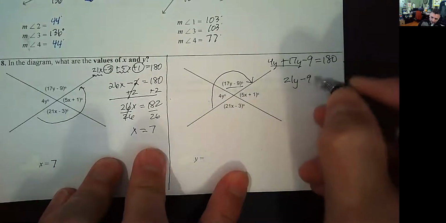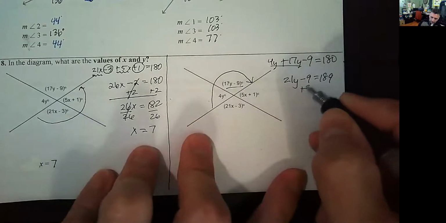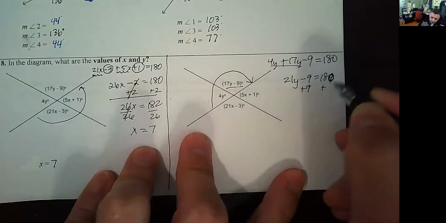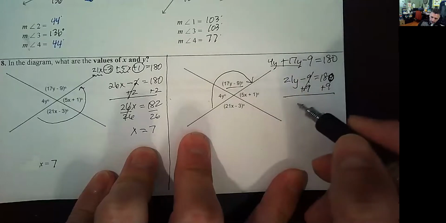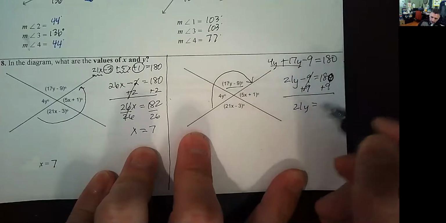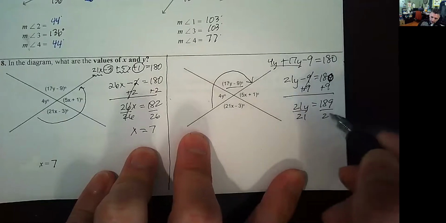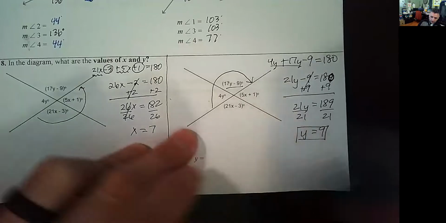Bring everything else down. Start using inverse operations. That's 180. I'm getting ahead of myself. That goes away, that's 0. 21y equals 189. Divided by 21, divided by 21. Y equals 9. That's the value of y.